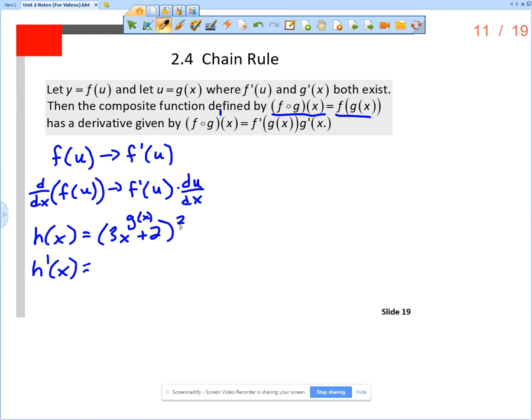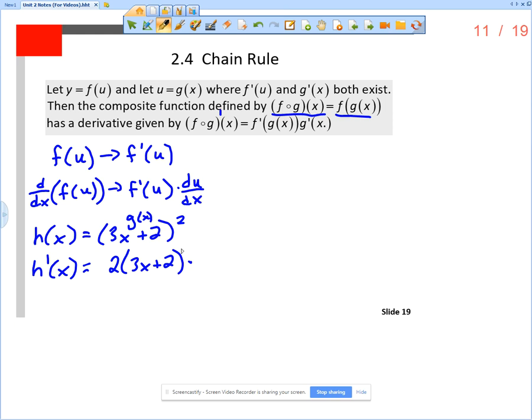So how do I find the derivative of g squared? Well, that would be 2g of x, right? But g of x is 3x plus 2. But then the rule says times the derivative of g. So what is the derivative of g?